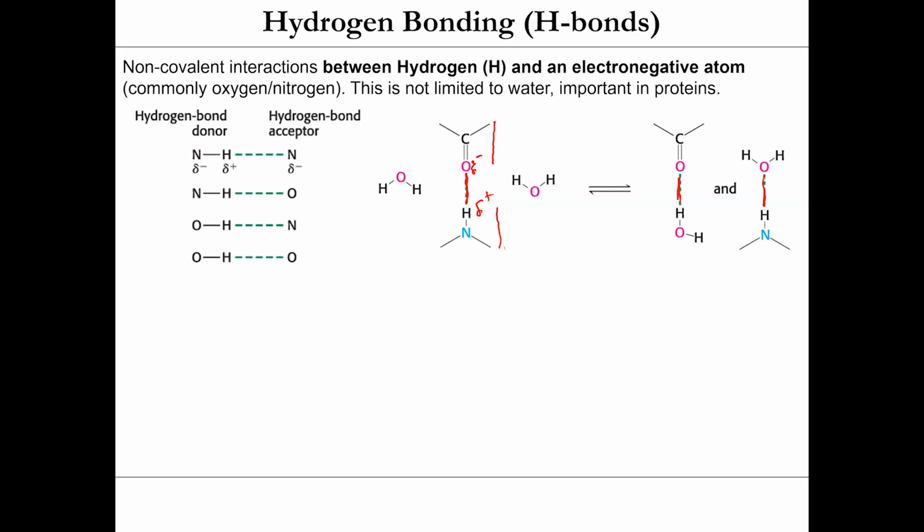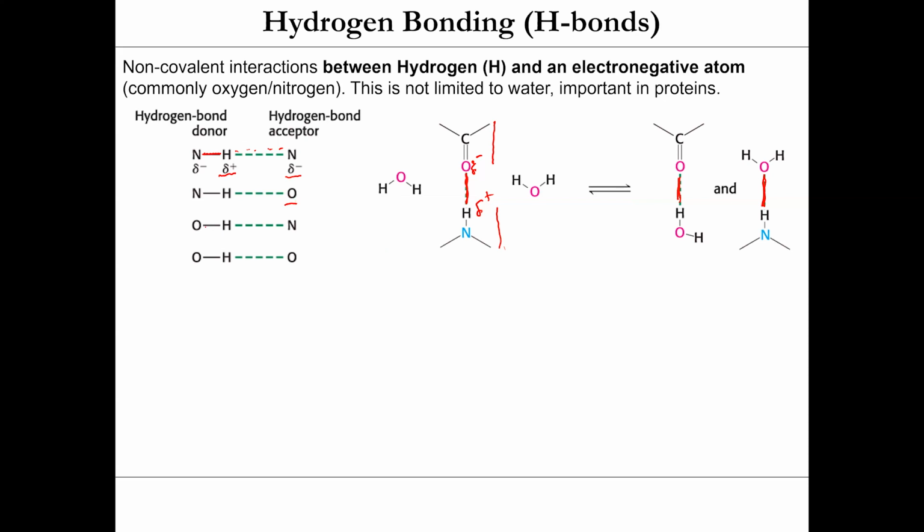If you look at this diagram over here, you can get an idea of what types of atoms will form hydrogen bonds with other atoms. So nitrogen with hydrogen can form a hydrogen bond. This hydrogen covalently bound to a nitrogen is going to be electropositive, so it can form hydrogen bonds with a neighboring electronegative nitrogen atom. Same with oxygen atoms.